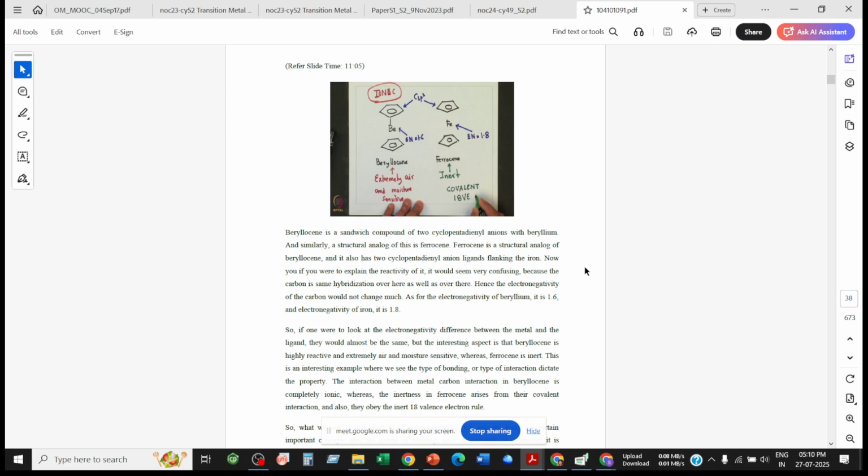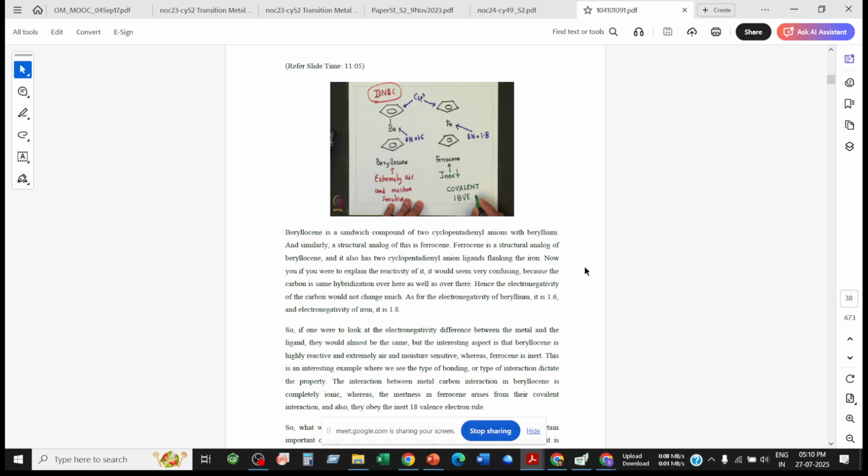The electronegativity has been taken, sir. Yes, so electronegativity: for iron it is only 1.6, and for beryllium it is 1.8. Both sides, the carbon is there, that is the cyclopentadienyl.